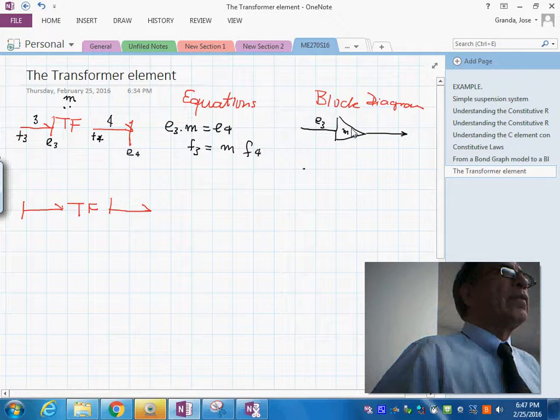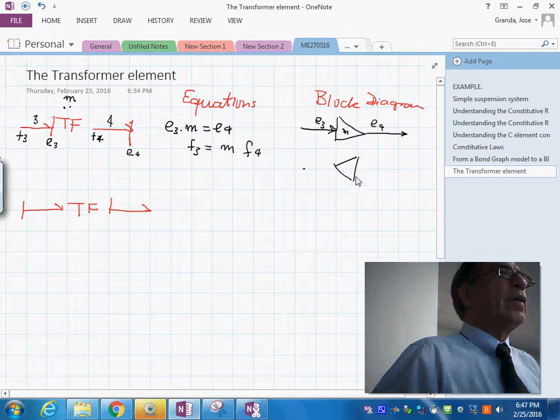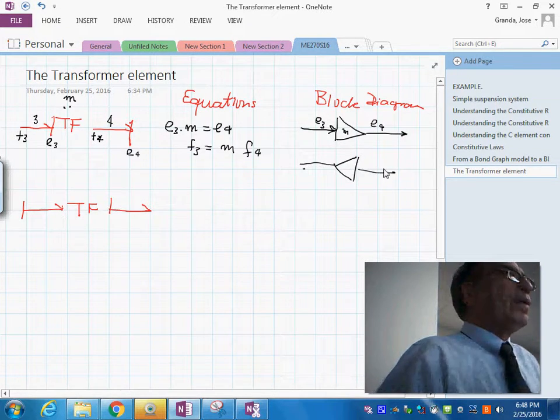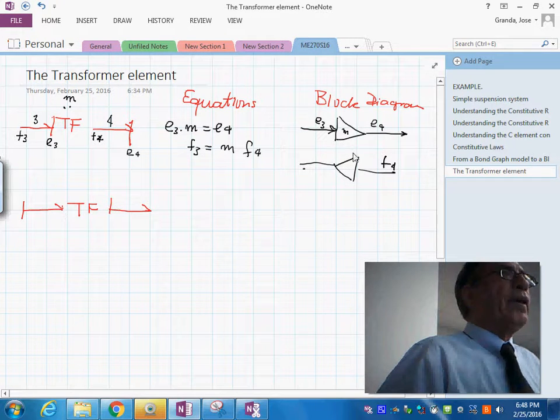And then on this side, F sub 4 times M is F sub 3.